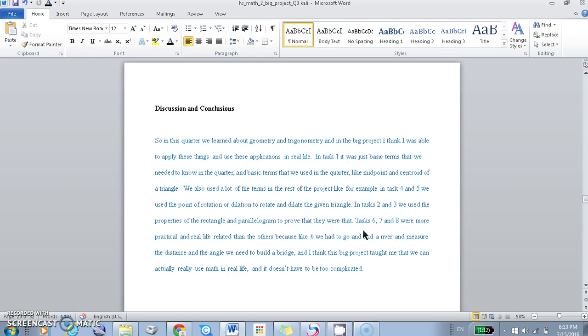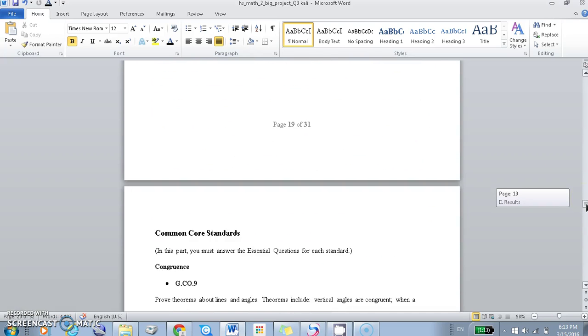So this shows that we can actually use math in real life, and we might not think of it every day, but math is actually all around us. And that's basically what I'm talking about in my discussion and conclusion.